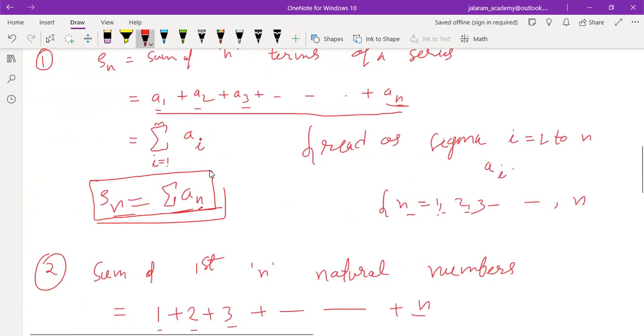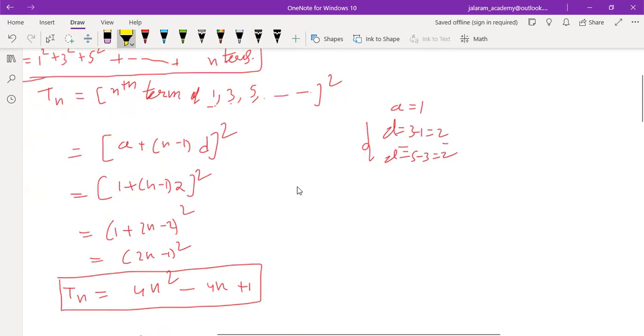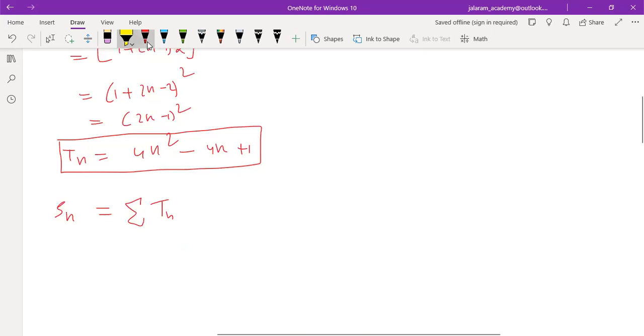This we have discussed in the theory of this part. Okay. So if nth term is Tn, then Sn equals sigma Tn. So we use sigma Tn to find the sum to n terms of this series.